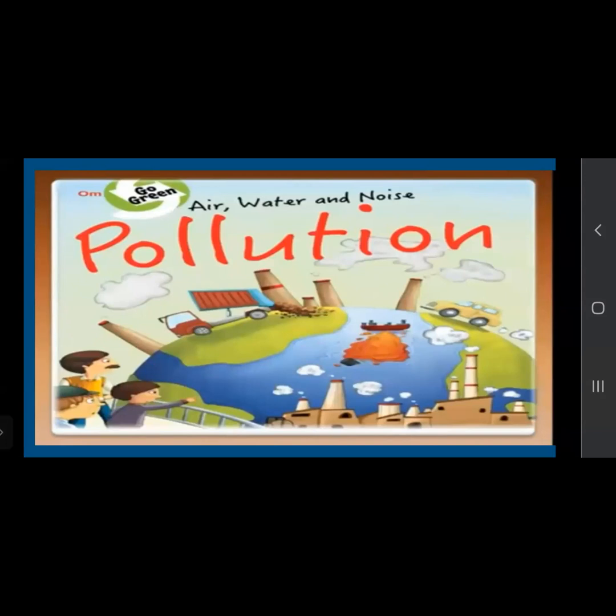Water pollution, you can see. Air pollution is caused by gases emitted by the chimneys of industries. The noise pollution is because of the noise of the vehicles, and also of the machinery in the industries.